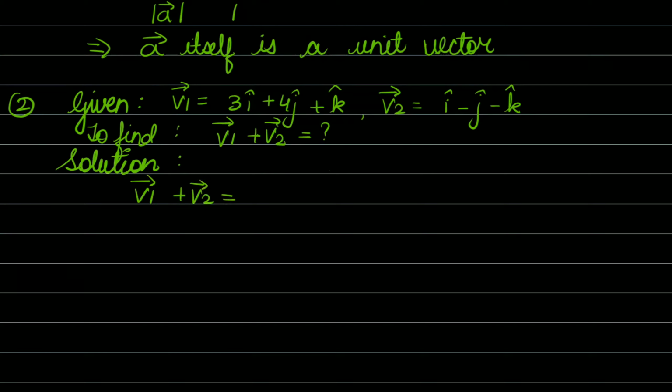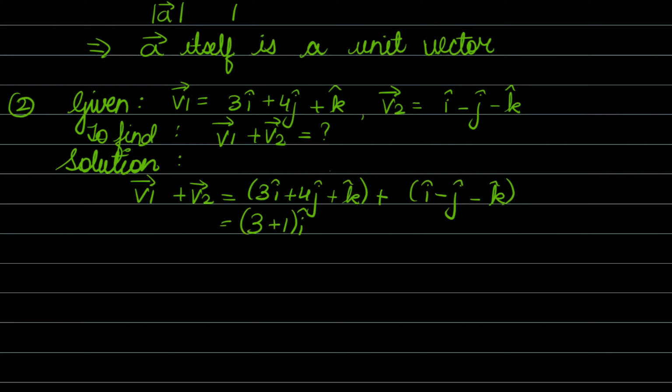Now we add both values by substituting from above: 3i cap plus 4j cap plus k cap, plus i cap minus j cap minus k cap. We have to add these values. Consider 3 plus 1 into i cap, taking i as common.